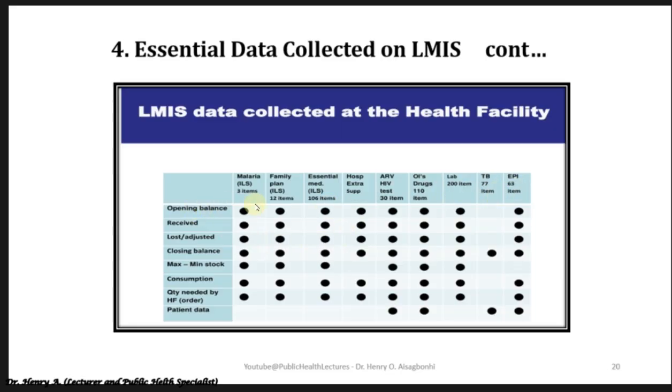You can see the opening balance, what was received, what was lost or adjusted, closing balance, maximum and minimum stock, quantity needed by different departments, the patient data, and all that. These are just a look of what the data looks like.